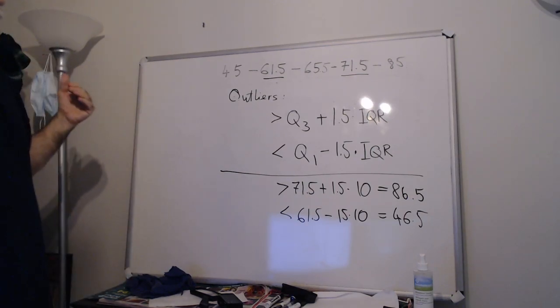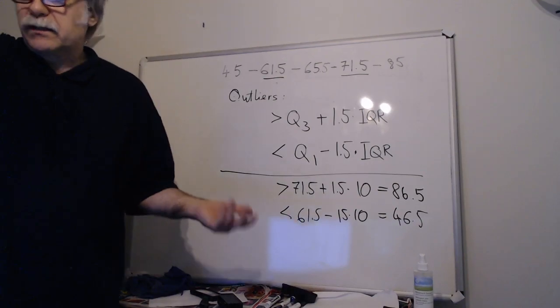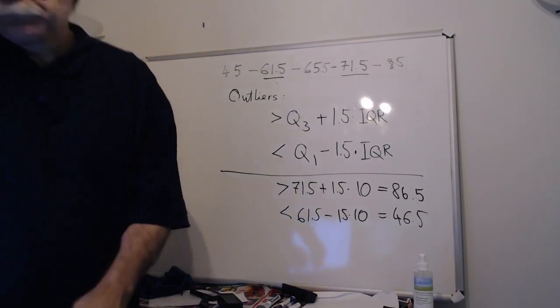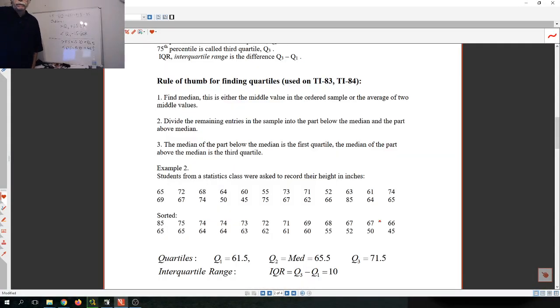Okay? Now, if you look back in our sample, you will see that there is nothing in the sample that is above the upper bound for the outliers, because the upper bound is just determined to be 86.5.